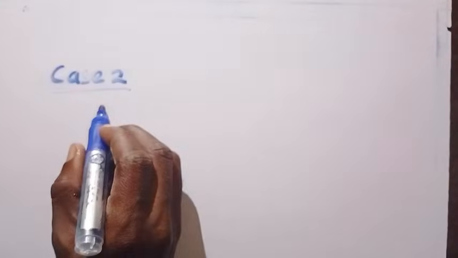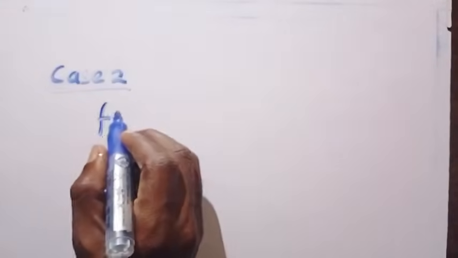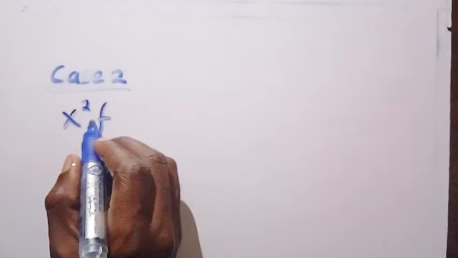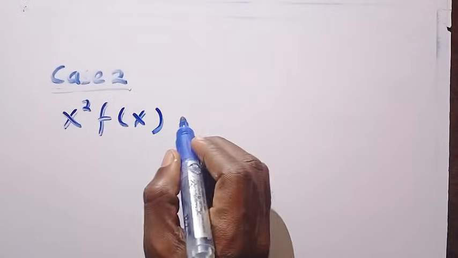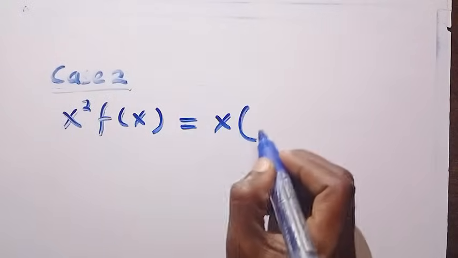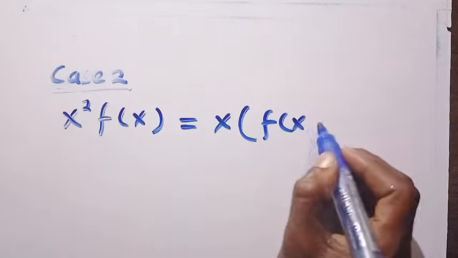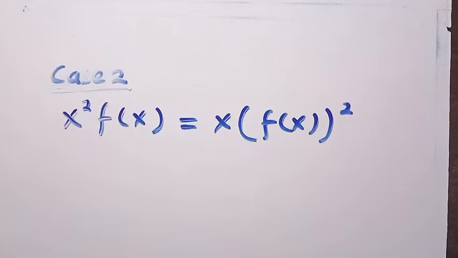When you consider case 2, let's say we have x squared multiplied by f of x equals x multiplied by f of x all squared.